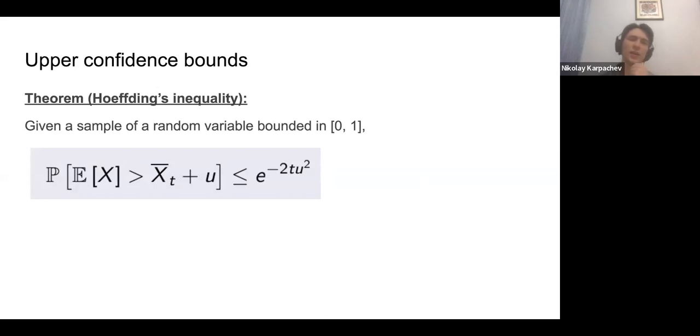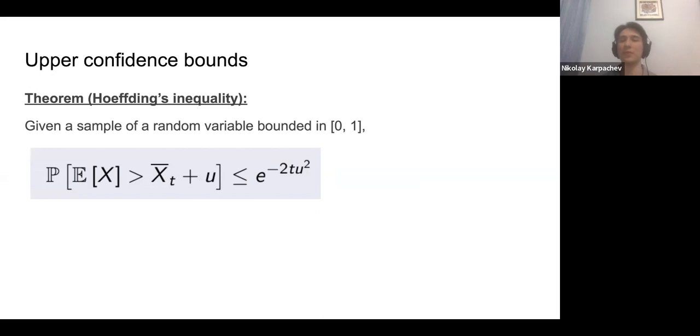There is this theorem called Hoeffding's inequality, and it tells us that for a given sample of a random variable, the random variable should be bounded in 0, 1. Well, actually, it should be bounded, period. Doesn't matter, 0, 1 or something else.